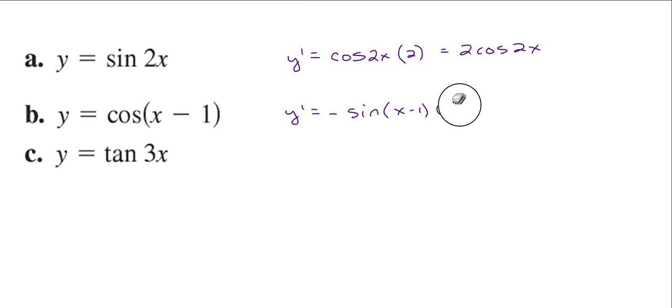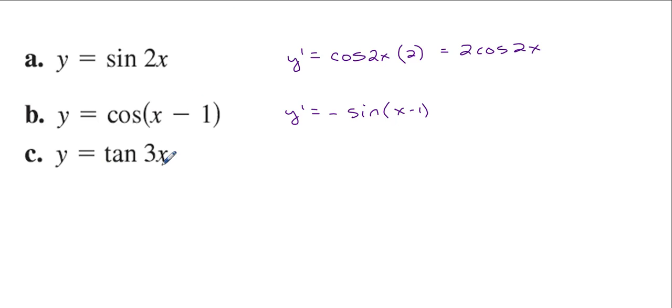I really like that type of inner function. Look at that. X minus 1. What's the derivative of this all the time? What if it's x plus 5? What if it's x minus 7? What's the derivative? So it's a linear function, lead coefficient 1. That derivative is always 1. So it makes the chain rule nice and easy. Okay?